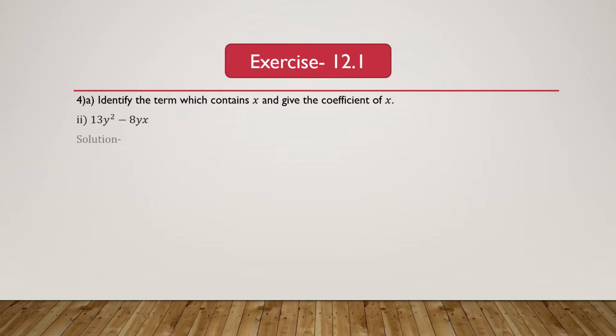Now second bit. The expression is 13y square minus 8yx, and we have to identify the term which contains x. So 13y square is the first term, and minus 8yx is the second term, and the second term contains the variable x.